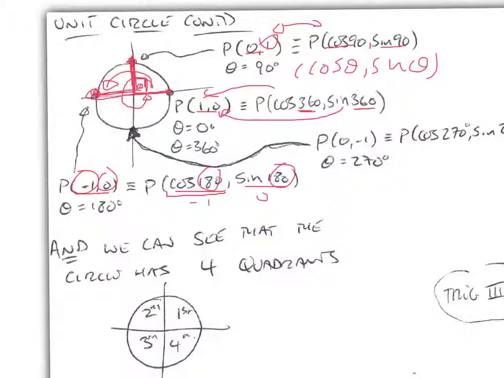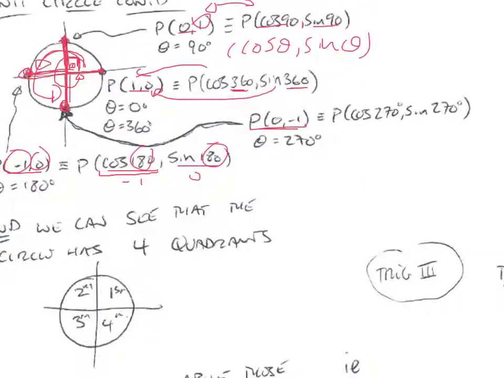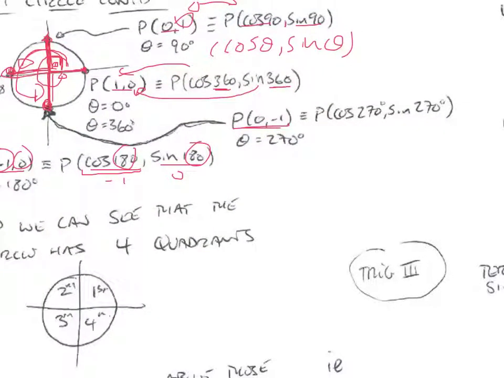And we could also choose this point here, which is 0 on the x and minus 1 on the y, and that's 270 degrees. We can represent the coordinates of that point as either (0, -1) or the cosine of 270, comma sine of 270, which is (0, -1).